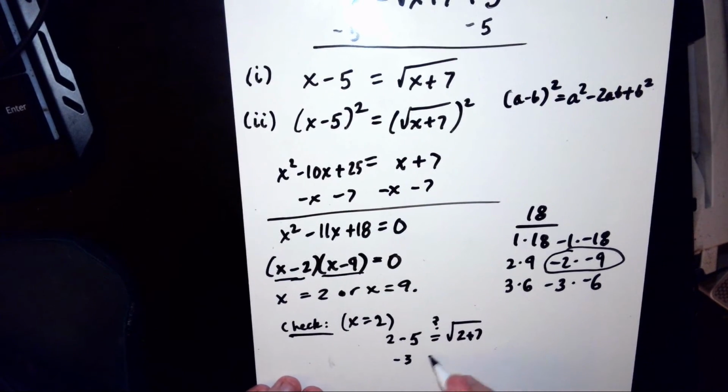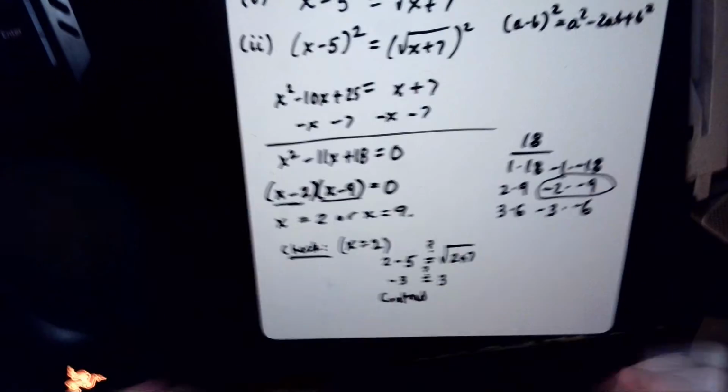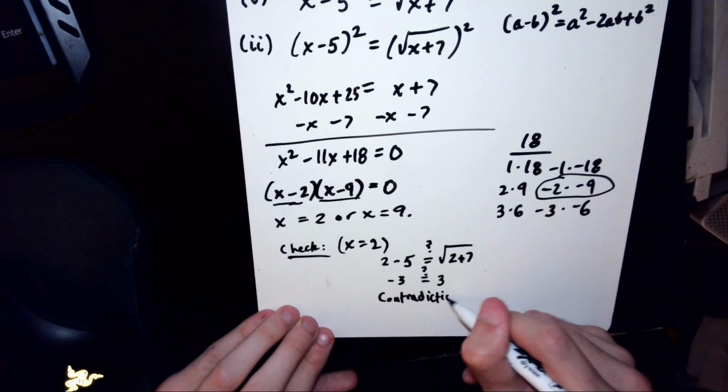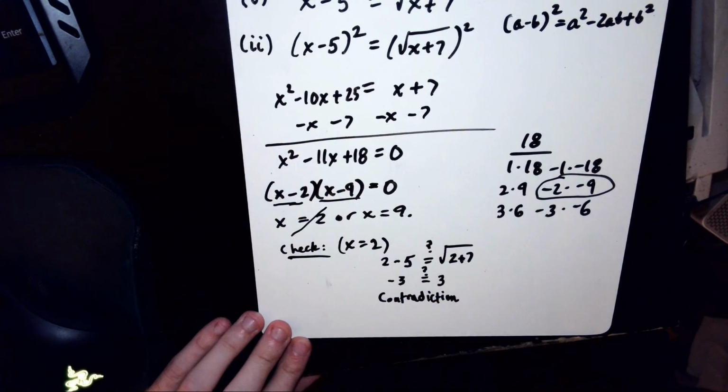And then on the right we've got the square root of 9, which is just 3. But notice these are not equal. So we have a contradiction, and therefore we can throw out x equals 2.